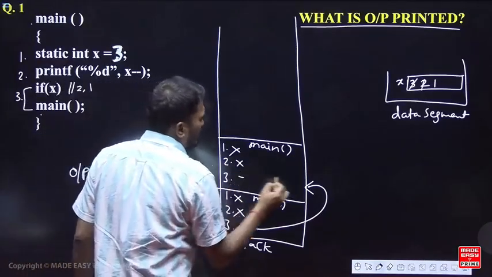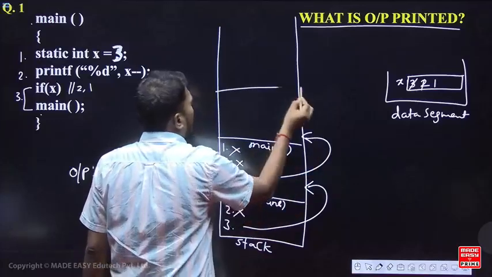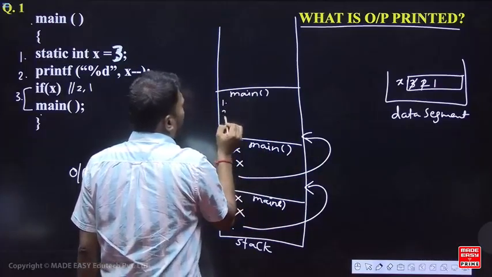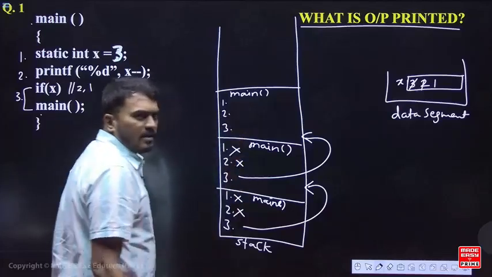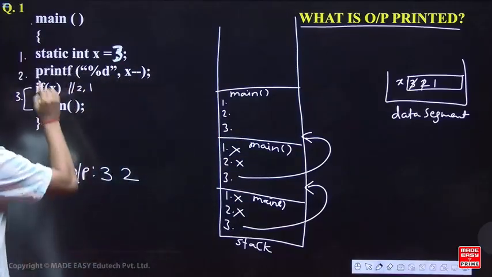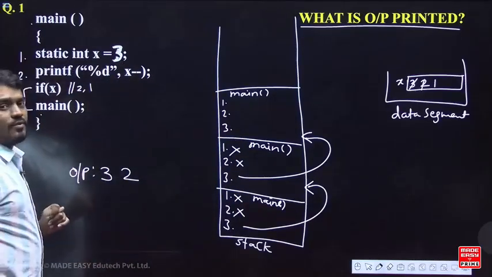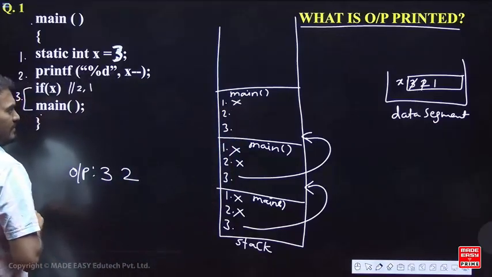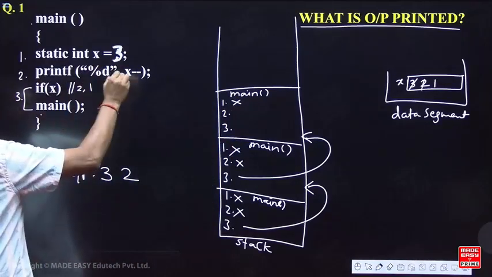The second statement is done. For the third statement, you push the main function into the stack again. Again you have 1, 2, 3 statements. The first statement is static, so it will skip. Now the second, printf %ld x minus minus.